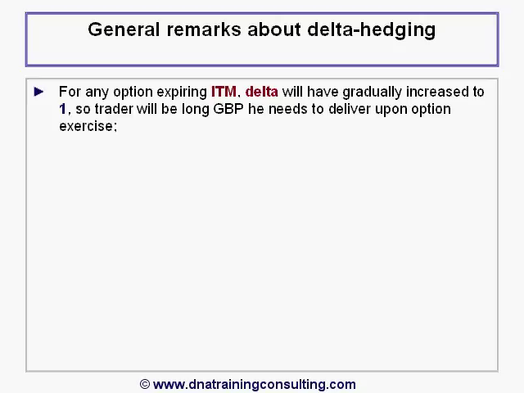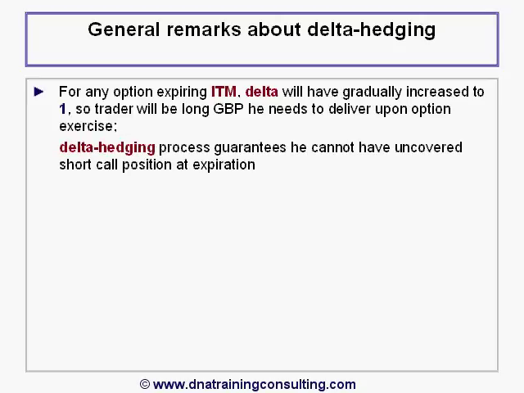So the trader will be certain to be long the exact amount of sterling at expiration that he will need to deliver when the option is exercised. If he followed the delta hedging process meticulously, he has no risk of having an uncovered short call position at expiration, although sudden swings in the spot right before maturity could still cause him some pain, as we will see later.